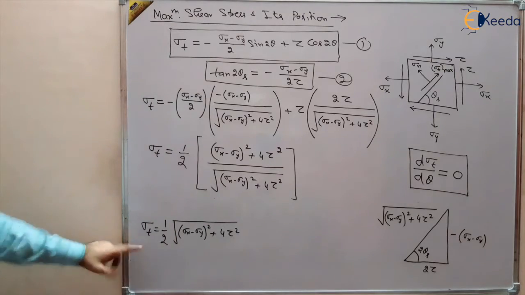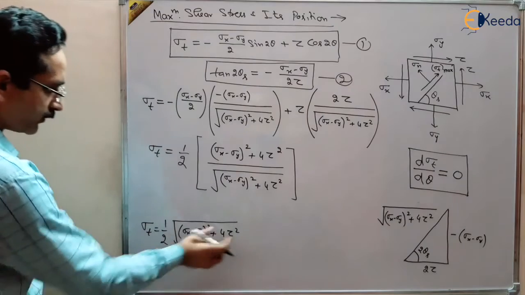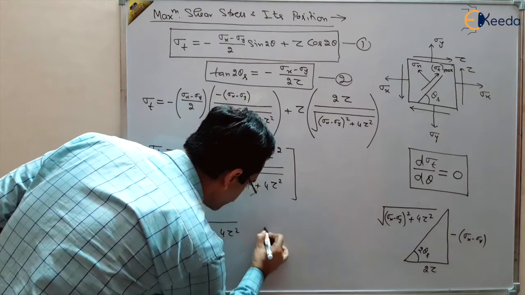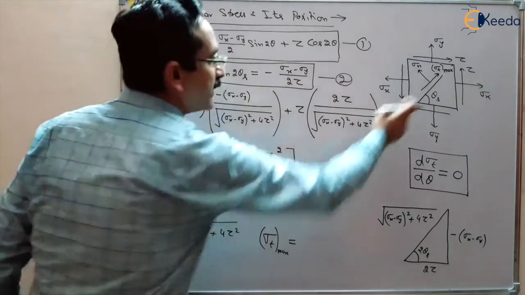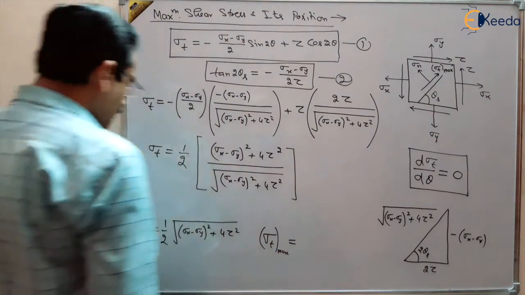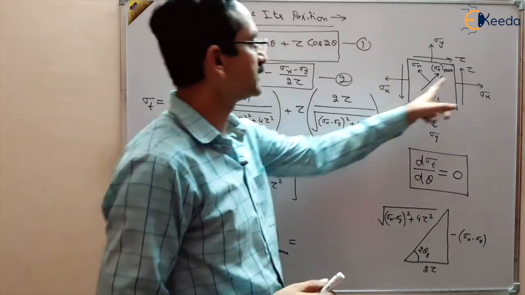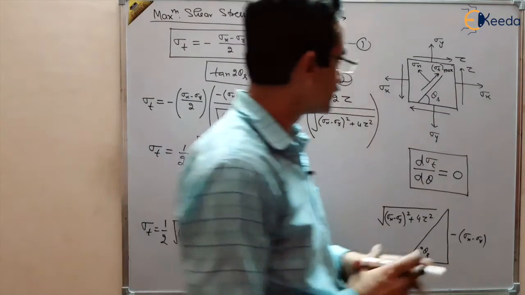This is basically sigma t max. Further we can solve for simplicity. The maximum shear stress at the plane theta s will be equal to, as you know, there are two types of shear stresses acting on this. One is the applied stress and one is the complementary shear stress.